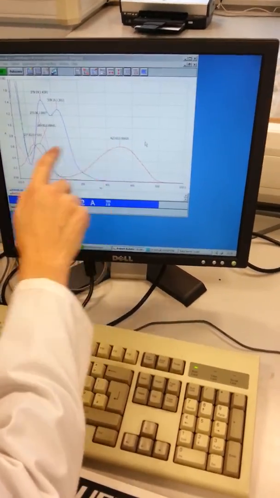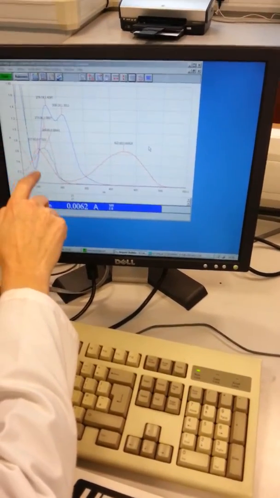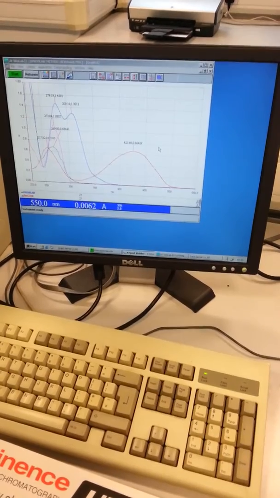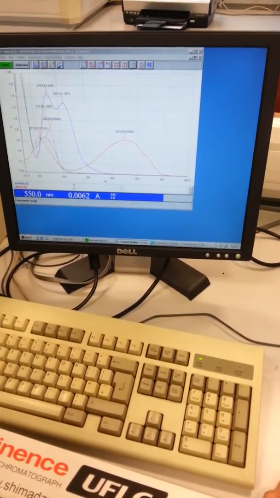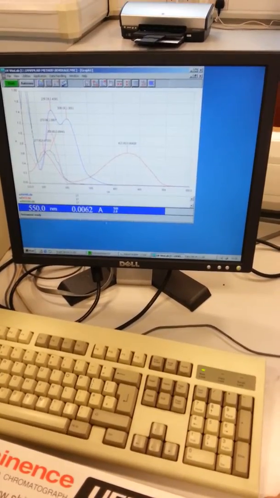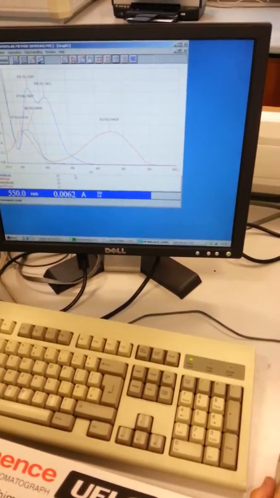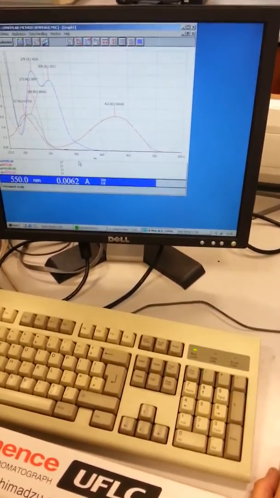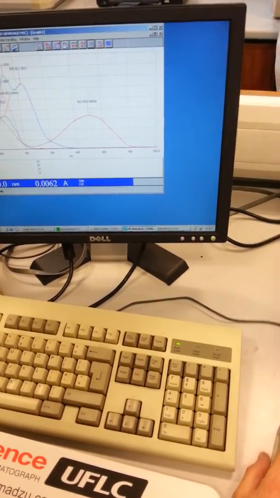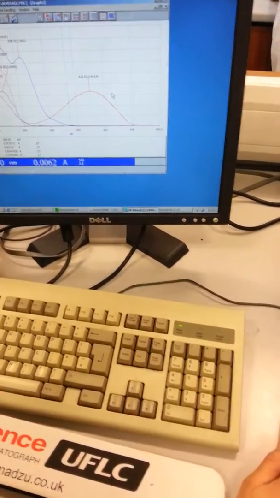So x equals the wavelength, and then y equals the absorbance. The wavelength is the wavelength of maximum absorbance, so it's at the peak. So we're going to measure those individual ones at those wavelengths. I shall explain that bit in a minute.